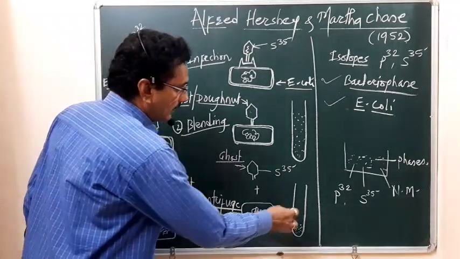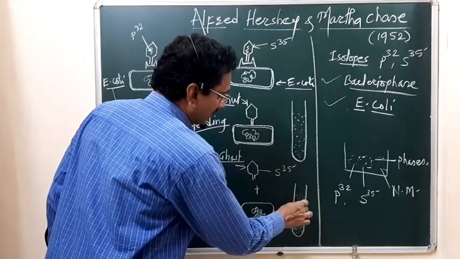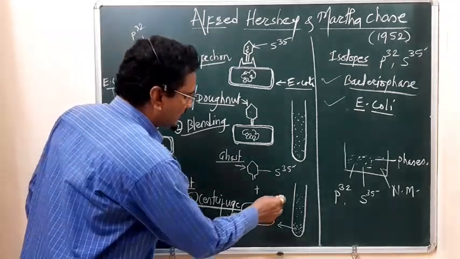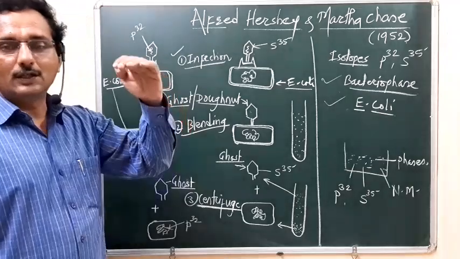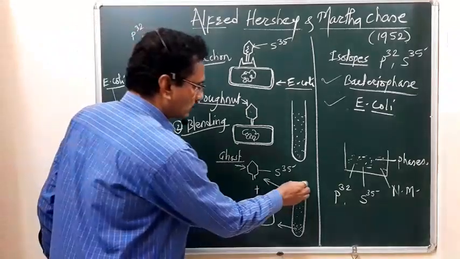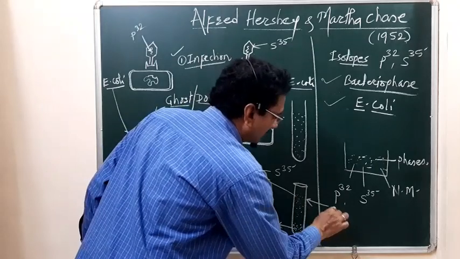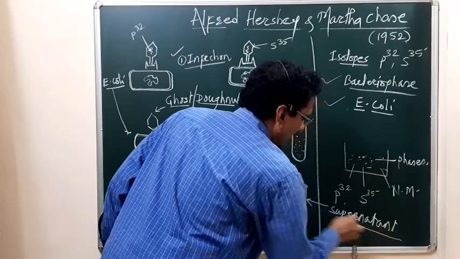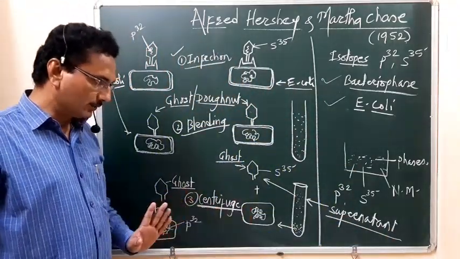And toward the upper side of the test tube, in that medium, which we call the supernatant, all these protein coats float. So this ghost is seen in the supernatant of the centrifuged test tube. Okay, so you have to remember this.